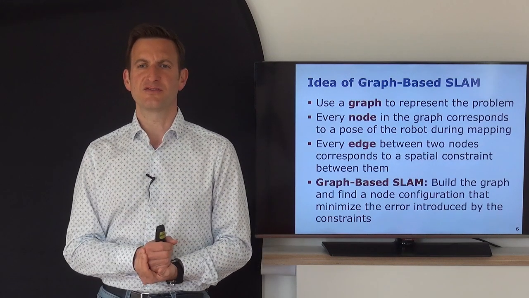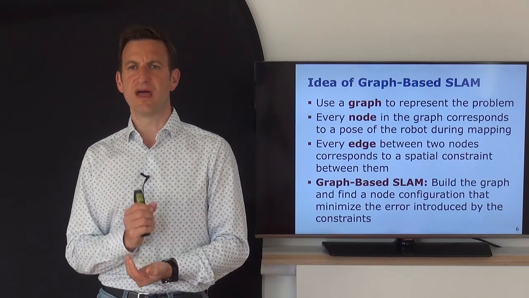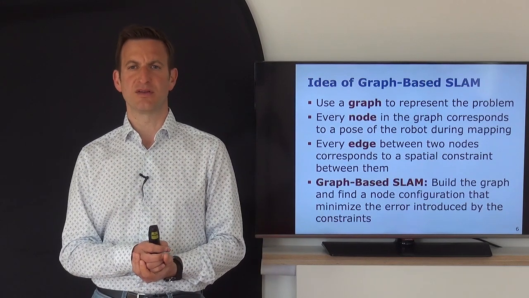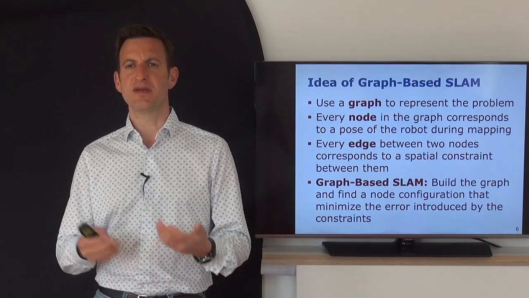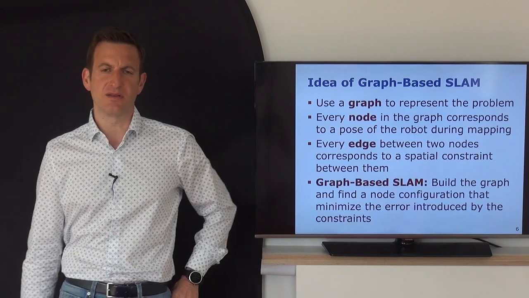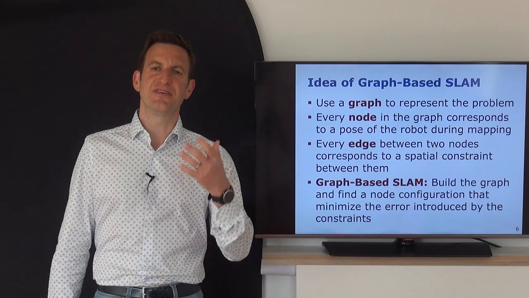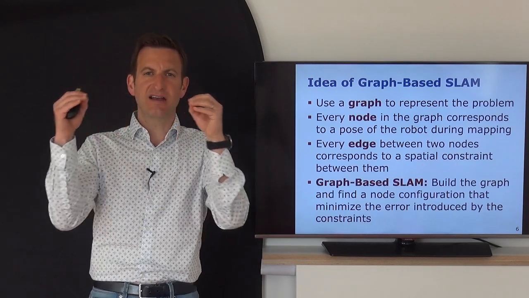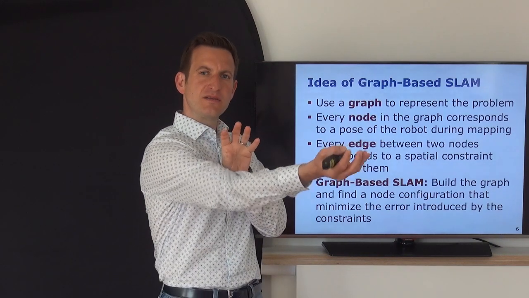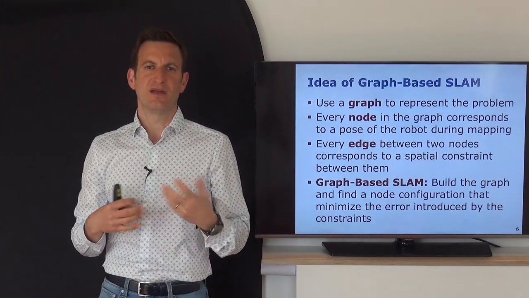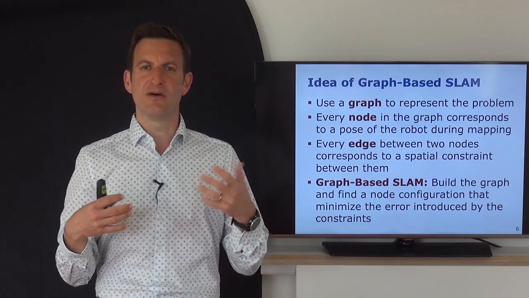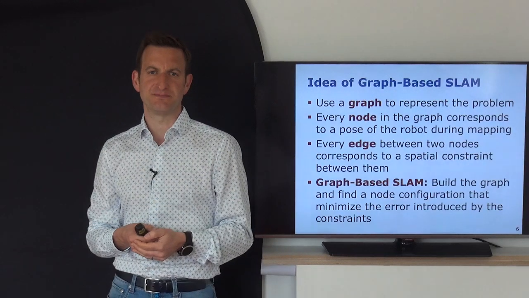So the graph consists of two things, nodes and edges. Every node in this graph represents a pose of the robot at a certain point in time. So again, it's typically a 3 or a 6 dimensional vector, depending on whether we are modeling a robot in 2D space or in 3D. And then we have the edges, which are the relations between those poses. They tell me, oh, this pose should be related to the other pose in that certain way. And this information can come from odometry information or from my sensor observation, for example, performing scan matching.